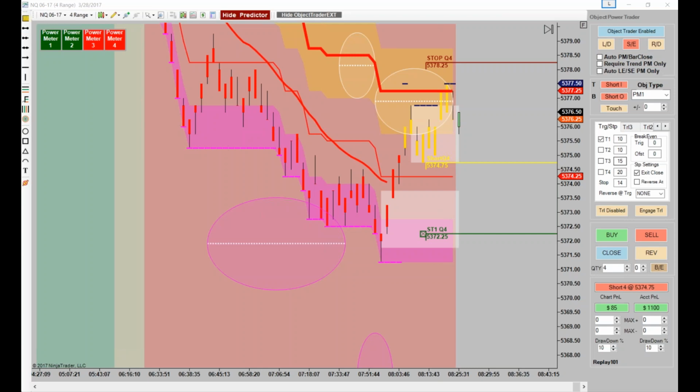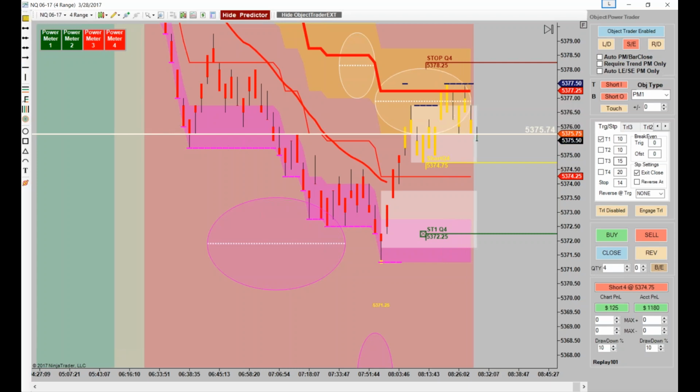If that bar closes up, we're going to be okay on a PM trade. Yep, because it's going to take the trade right across there. Should be PM trade. There you go.